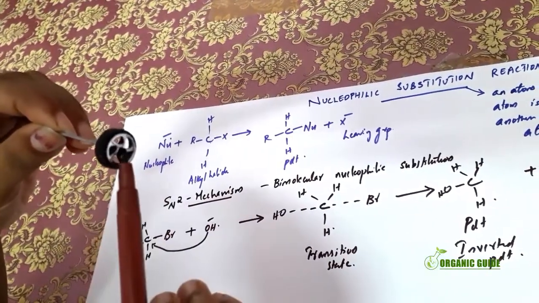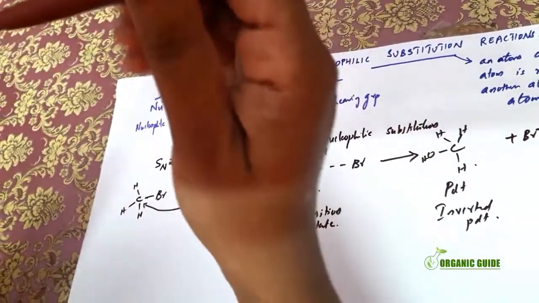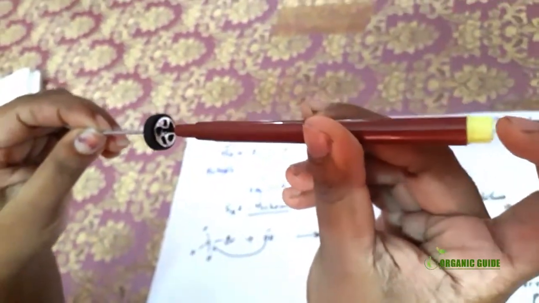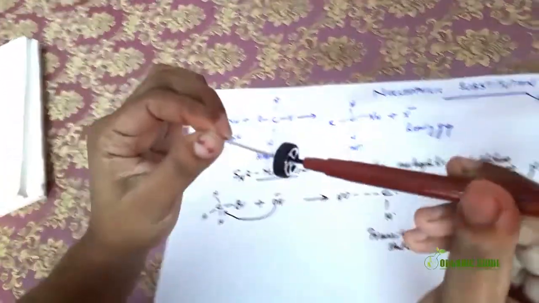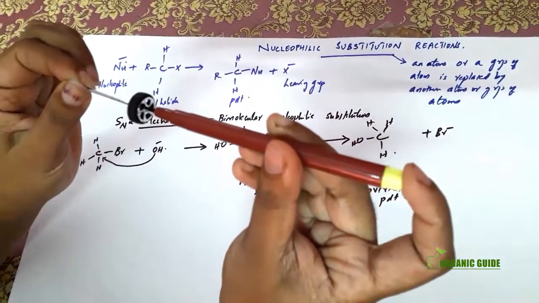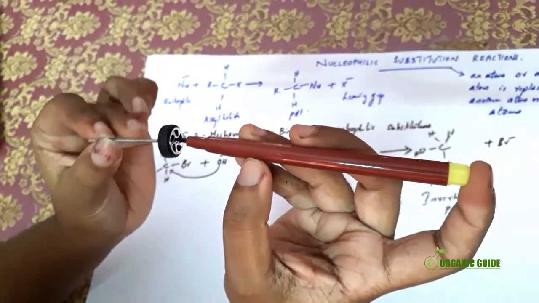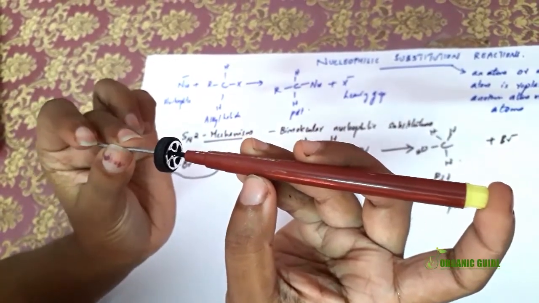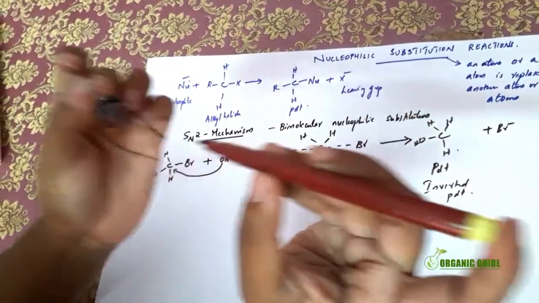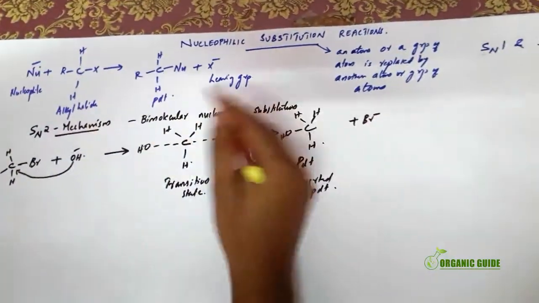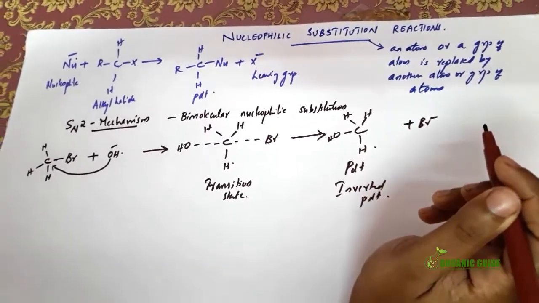The bromine will be attacking on this side, and the nucleophile OH will be attacking on the other side. Already this bromine is existing here, so the nucleophile has space to attach only on this side. So we will get an inverted product. One of the main characteristics of the SN2 mechanism is inversion of configuration.